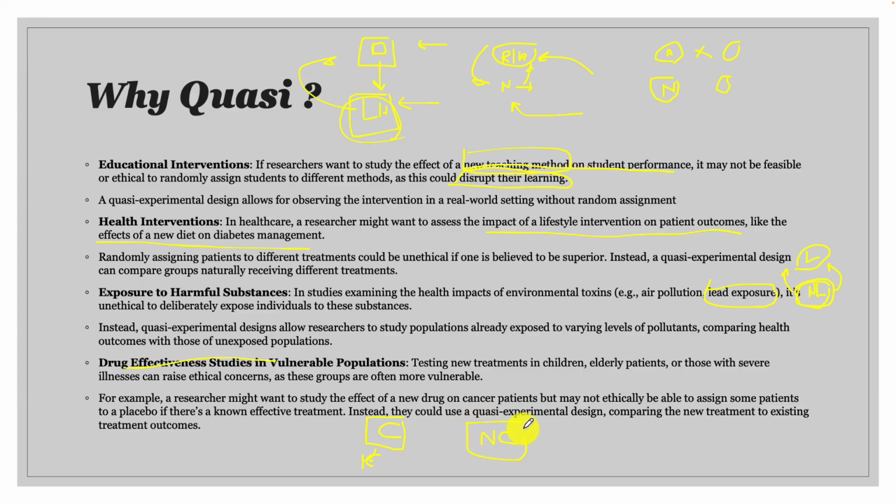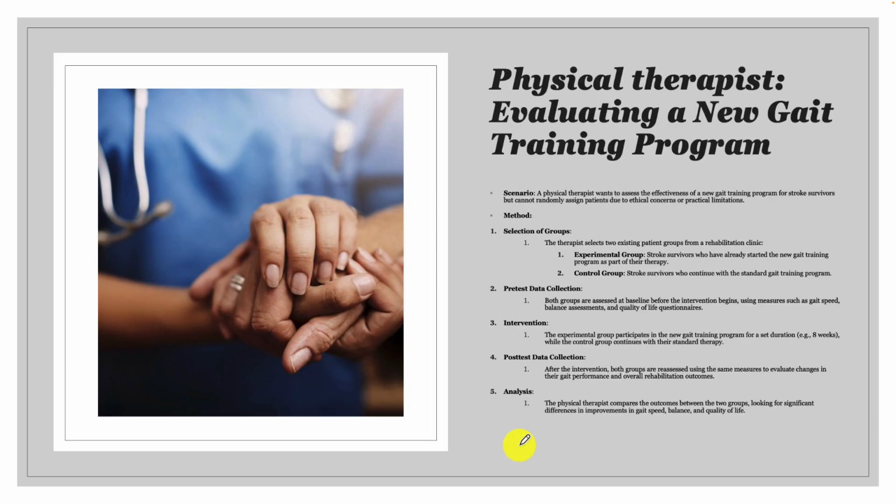Well, if I'm looking at giving a new drug that is going to potentially reduce cancer levels, I can't randomize these two groups of individuals because I have no idea what that new drug is going to do to my individuals with no cancer. So that's just giving you a basic idea of why we would not want to randomize in certain situations.